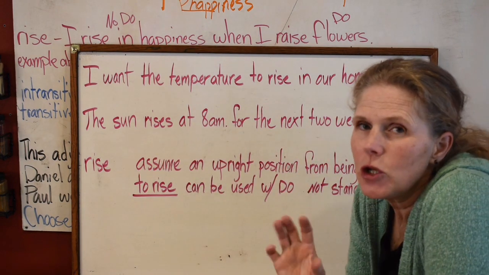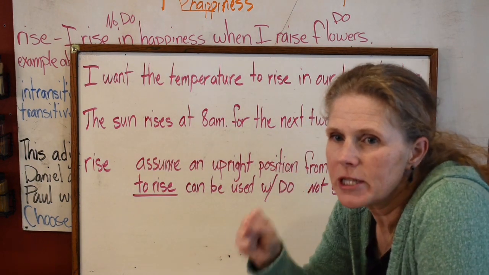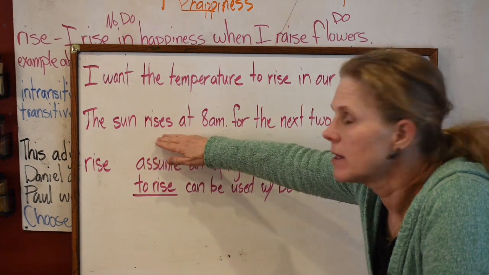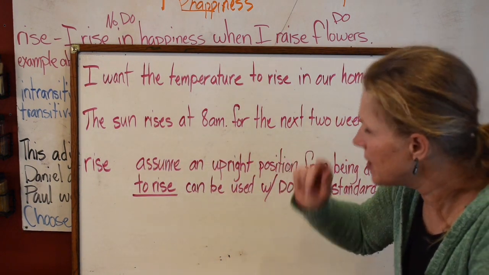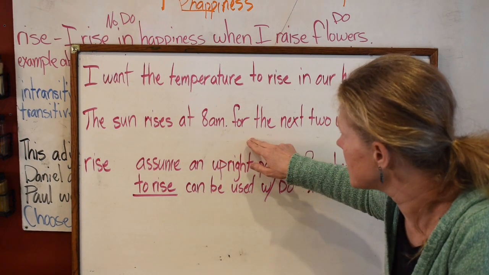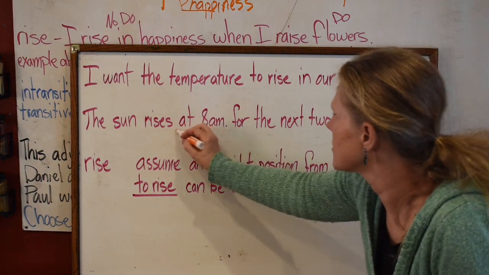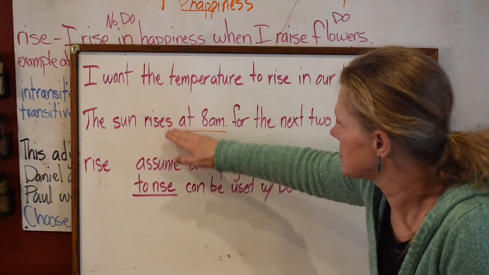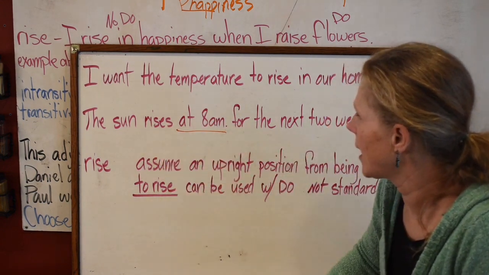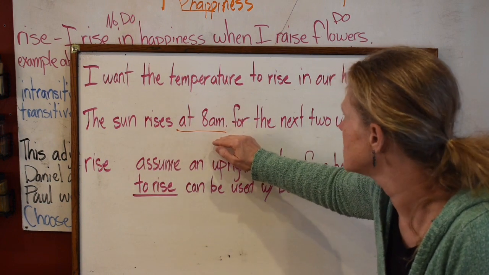But look, how do we know? How are we absolutely certain that this is correct? Because there is no direct object. This is not a direct object following it. Look, prepositional phrase right here, boom. There's not a direct object. This is describing rises. It rises. When does it rise?